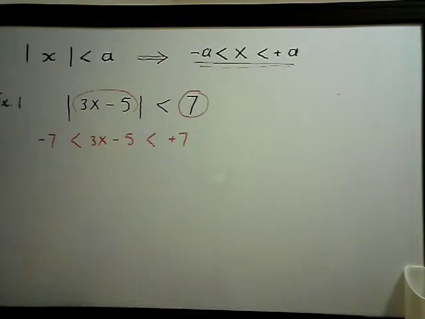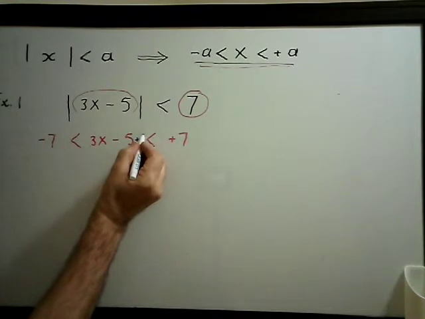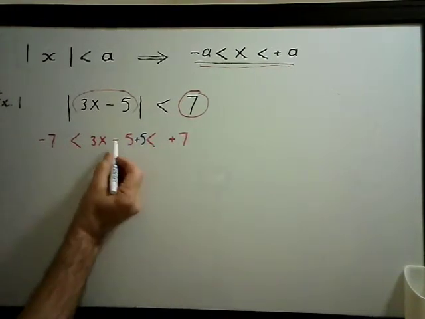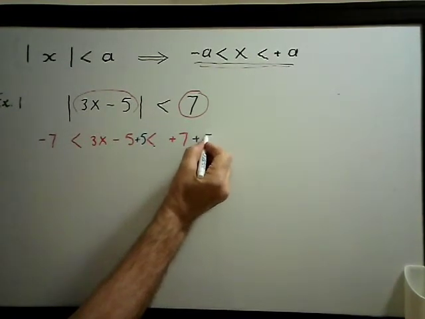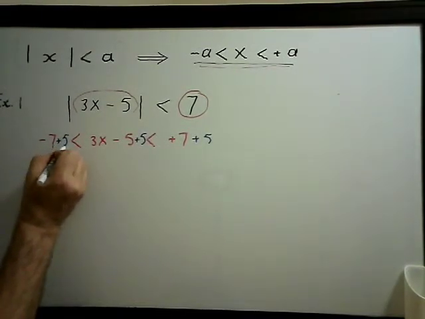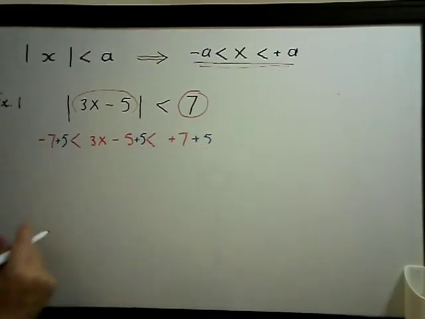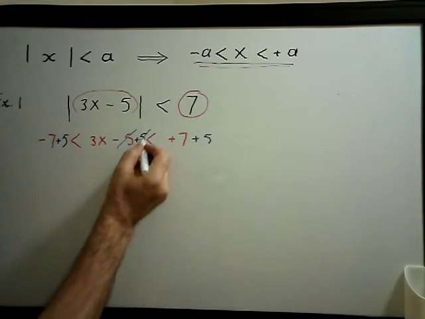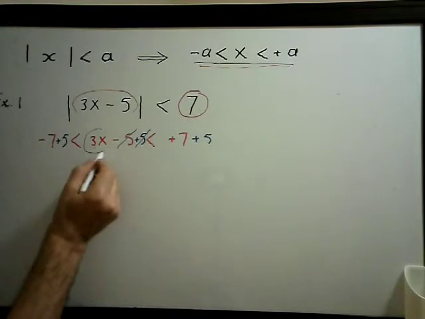This is the first step. Second step, adding positive 5 to get rid of negative 5. So we add positive 5 in three places. This leads to cancellation, negative 5 plus 5 together. Still we have 3x.